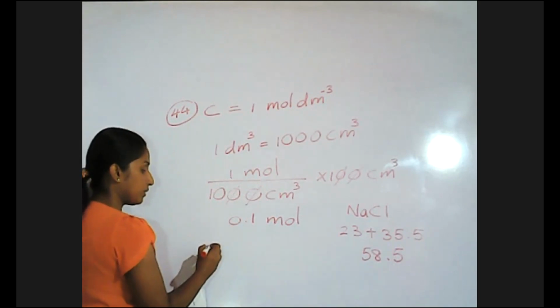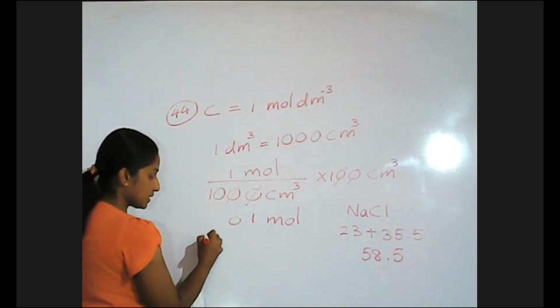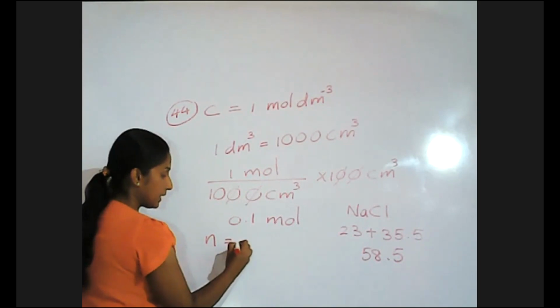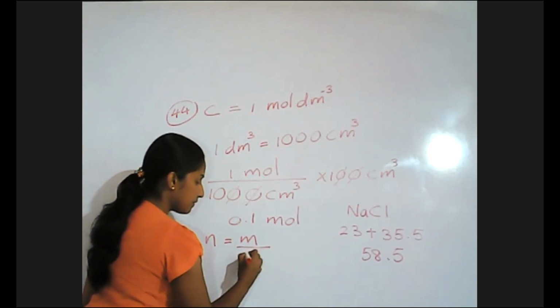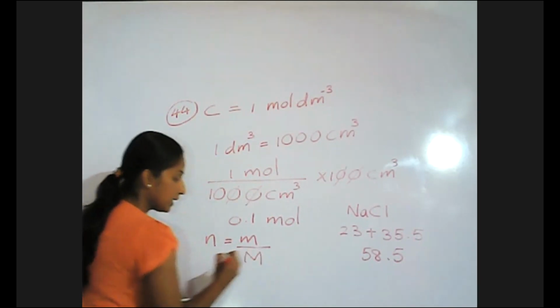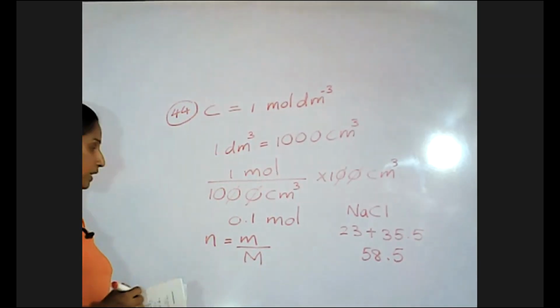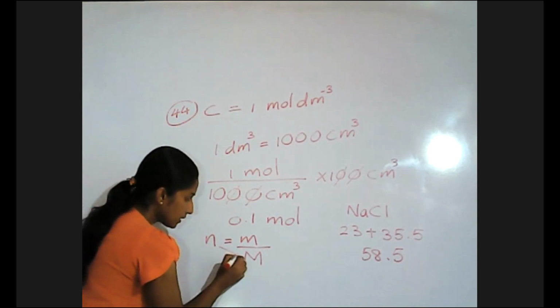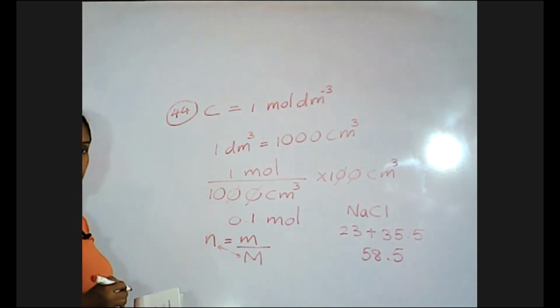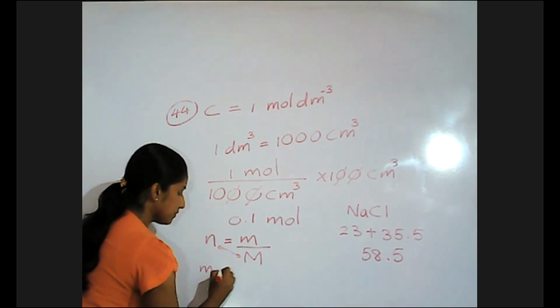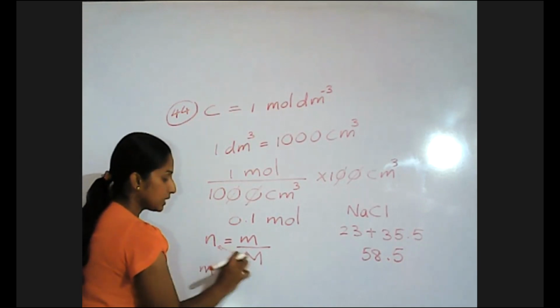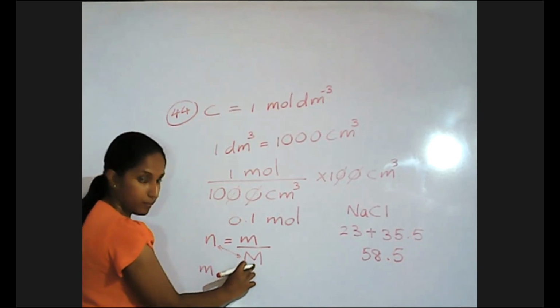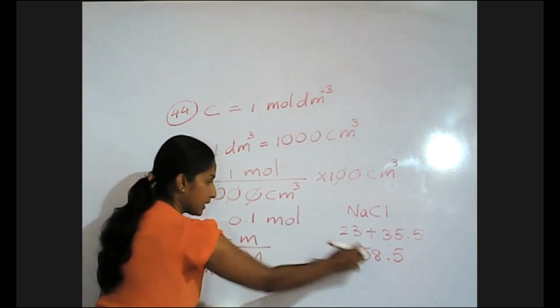Then we have to calculate the mass. We know this relationship: number of moles equals mass divided by the relative molecular mass. We have to find the mass, so by cross multiplication, mass equals the number of moles into the molar mass.